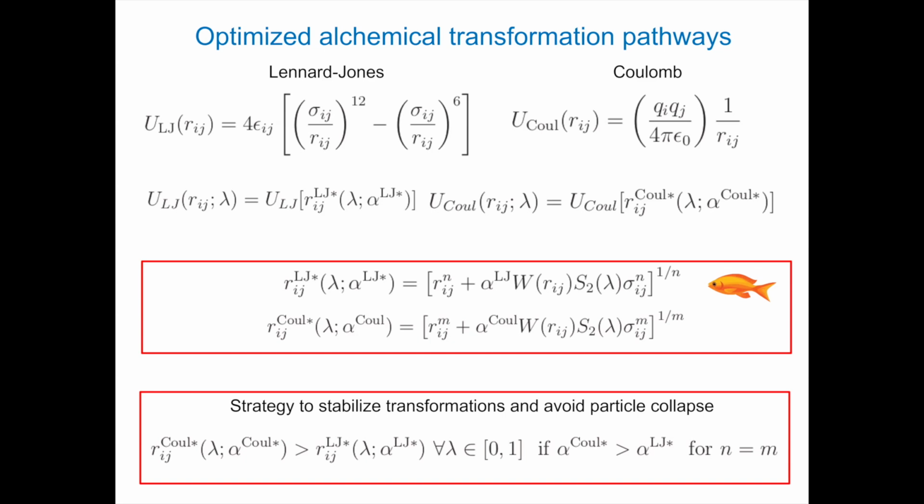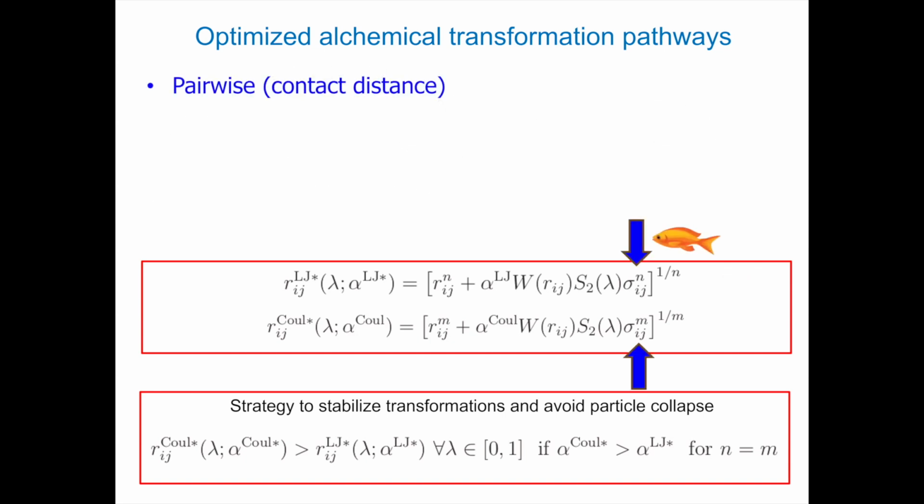We have a functional form that's been shown up here. It's got a couple of key things. One of which is it has a pairwise parameter that's related to the contact distance in the Lennard-Jones potential. It also has a smooth step switching function, which allows it to have smooth transitions at the endpoints at 0 and 1.